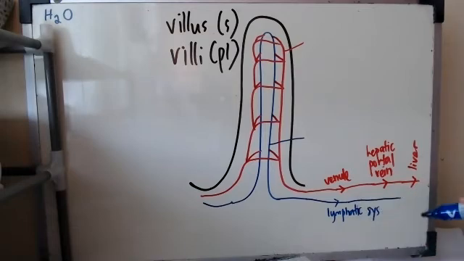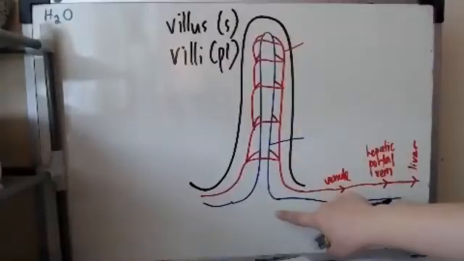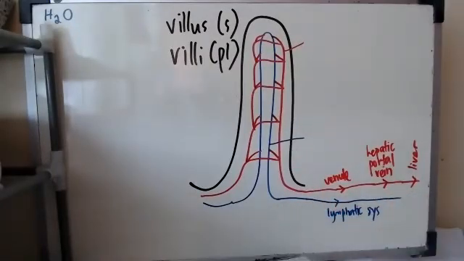The lymphatic system is not like the liver. There's no regulation. So if you take a large amount of fats, you cannot regulate the amount of fats in your blood. You end up with a lot of fats in your blood if you eat a lot of fats.